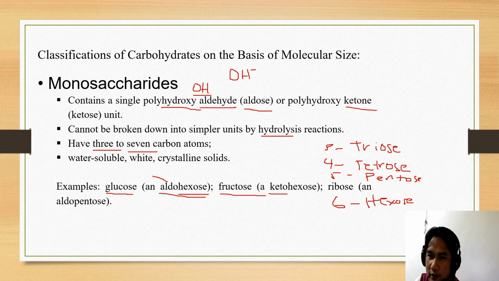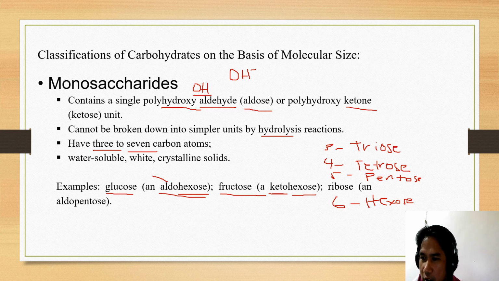Keto, it's derived from a ketone group. The functional group is a ketone, and it's also a hexose at the same time. Hexose means 6 carbon atoms. So fructose and glucose both contain 6 carbon atoms, but they differ in functional group. One is based on aldehyde, the other one, fructose, is based on a ketone.